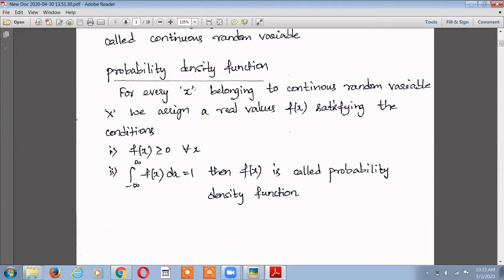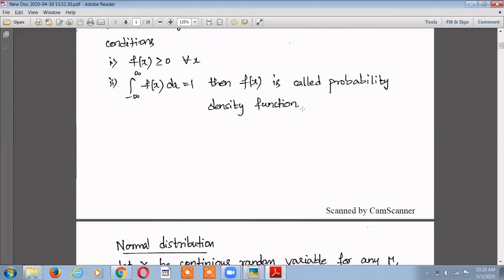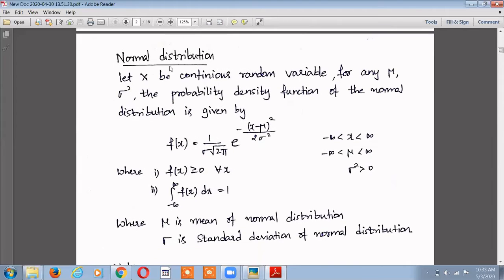To each outcome, we assign a random value x, and to each random value x we assign one more value called f of x. This f of x gives the probability of getting the random variable x, or in other words, the probability of happening of the event x or the outcome x. So moving to the next, normal distribution.